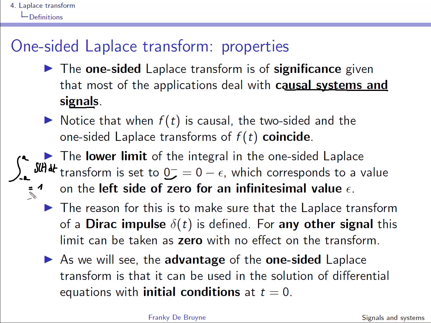This will be 1, of course, but you have to stay on the left of 0. Okay, so if you take 0, you'll have problems with the definition of the one-sided Laplace transform. So this is why we consider this 0 minus. For other functions different than the Dirac impulse, you can just consider the integration bound to be simply 0. We'll see that another advantage of the one-sided Laplace transform is that it's used to obtain the solution of differential equations when you have initial conditions.